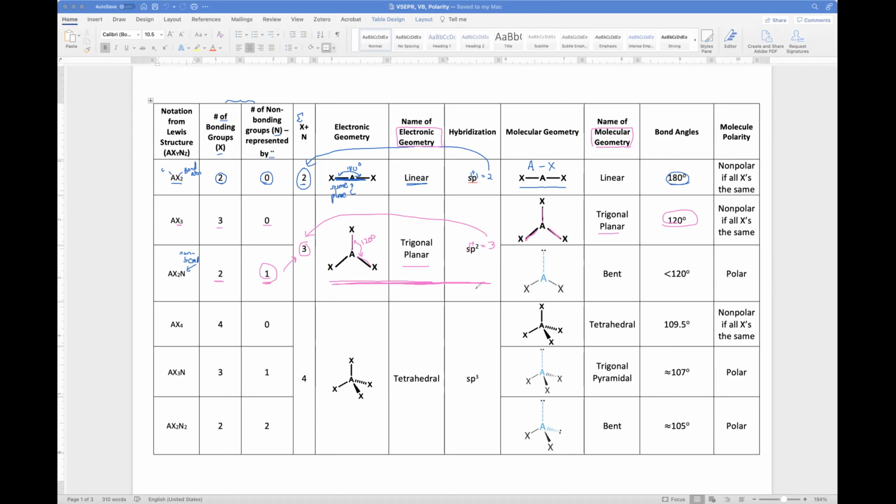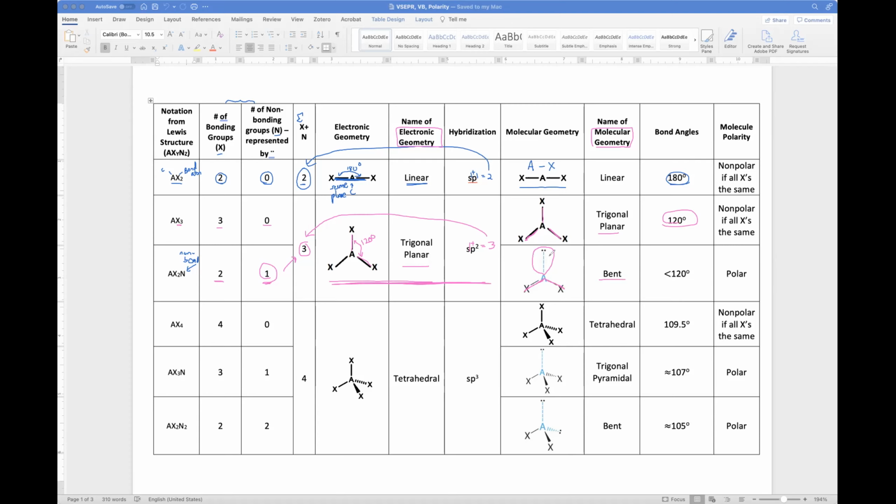But when we start talking about the molecular geometry, when you have a lone pair, you do not include the lone pair in naming the molecular geometry. Remember, molecular geometries only include the bonding groups. So it's only going to include this area, and that's why it is referred to as bent.